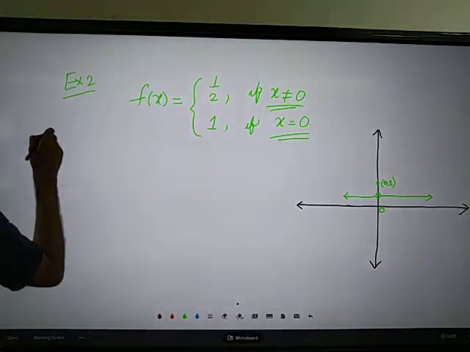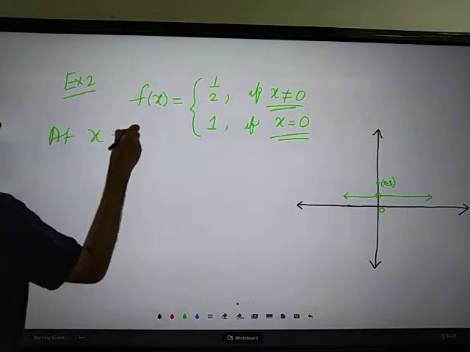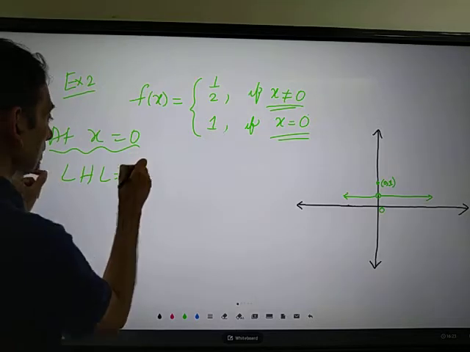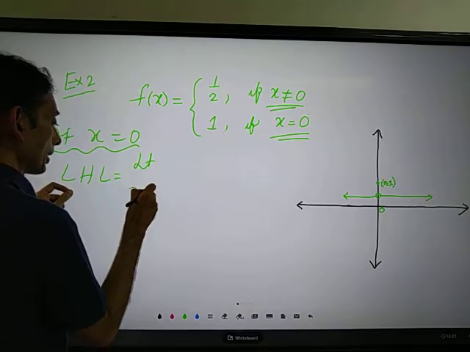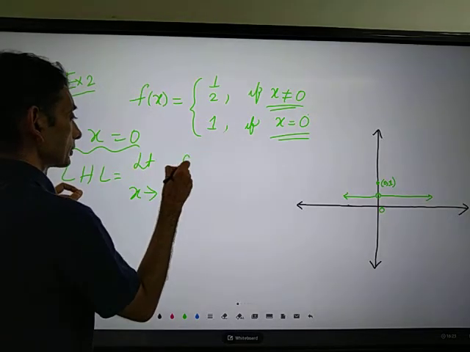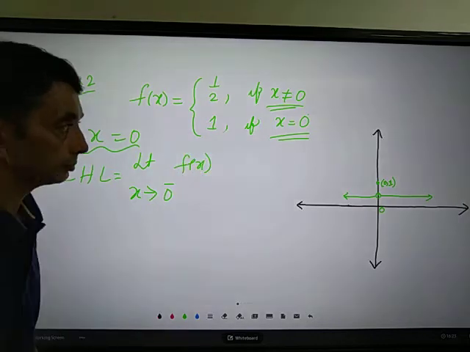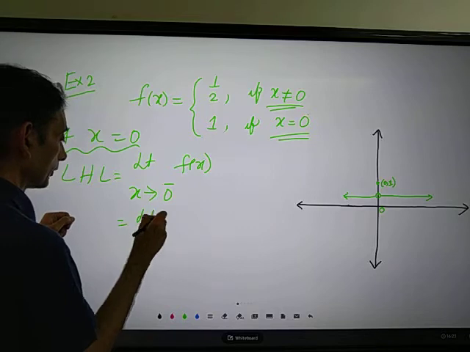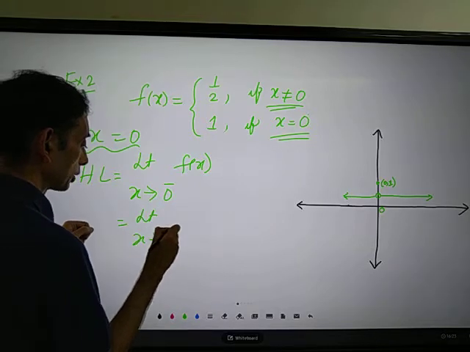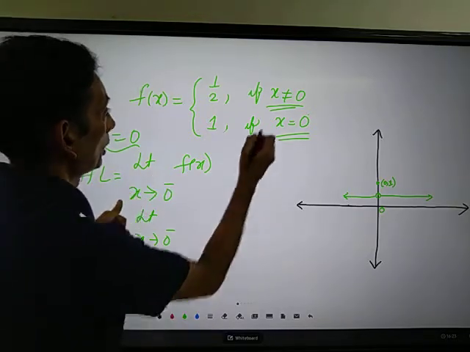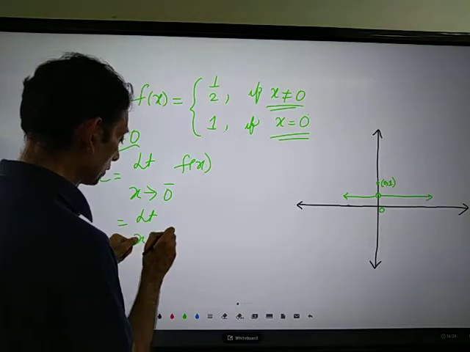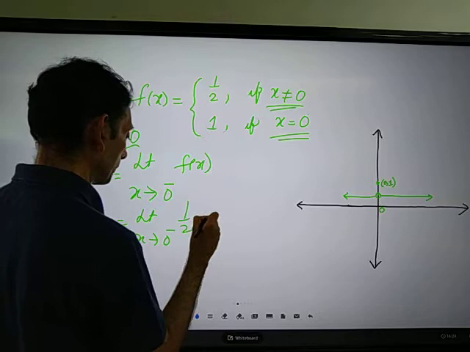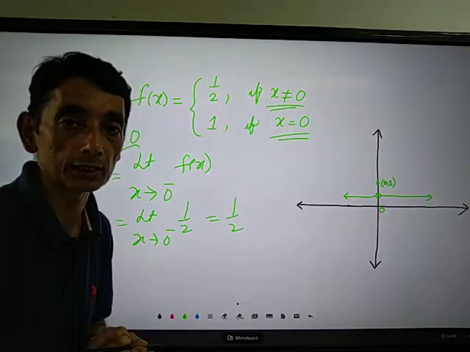First we'll calculate the left hand limit, limit as x tends to 0 minus of f(x). Since x approaches 0 minus means x not equal to 0, f(x) is replaced by half. So this is equal to half.